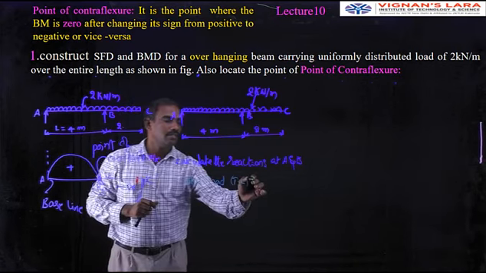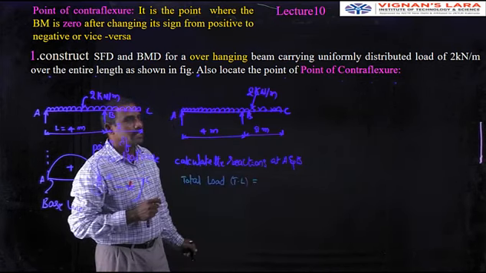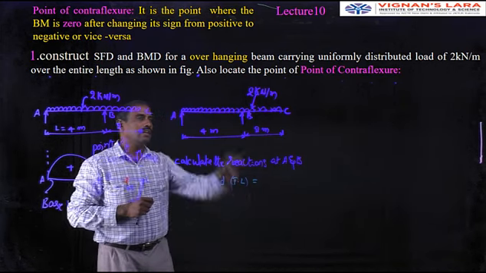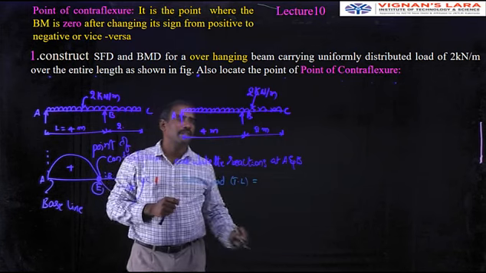The load is distributed over the span equal to 6 meters and at the rate of 2 kilonewtons per meter.